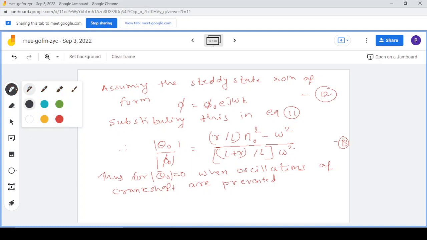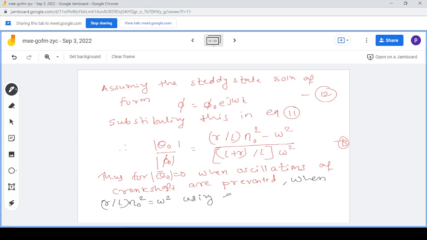when r by L into n0 square is equals to omega square, right? And using expression 1, such as r by L is equals to N square for 2 stroke, and r by L is equals to N by 2 square for 4 stroke.